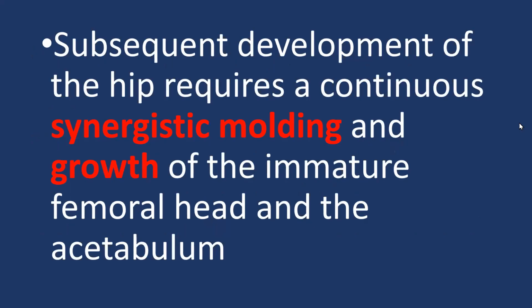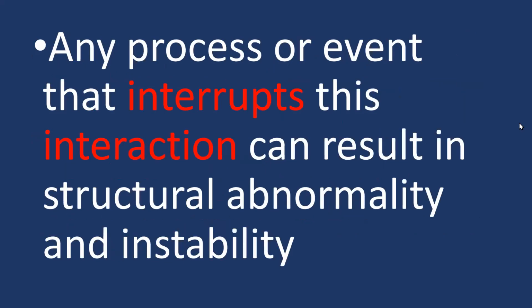Subsequent development of the hip requires a continuous synergistic molding and growth of the mature femoral head and the acetabulum. Any process or event that interrupts this interaction can result in structural abnormality and instability.